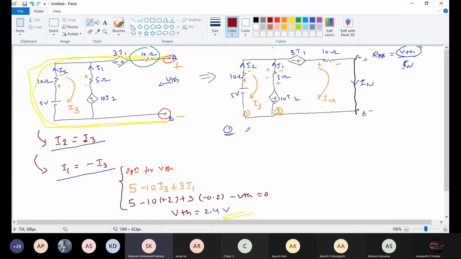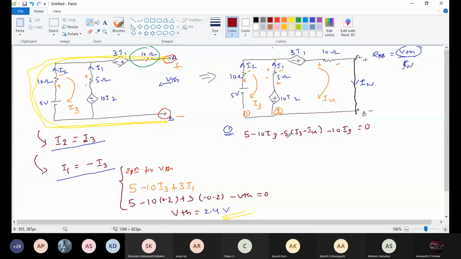Plus 5 minus 10 I3, then minus 5 (I3 minus I4), then plus 2 minus 10 I2. I2 is nothing but I3, so I3 equals 0.